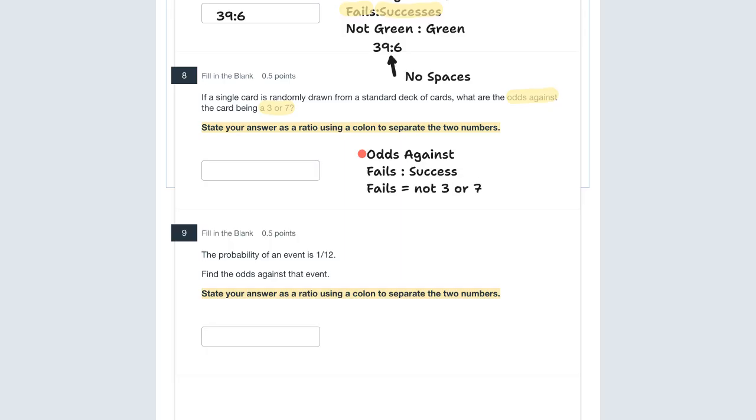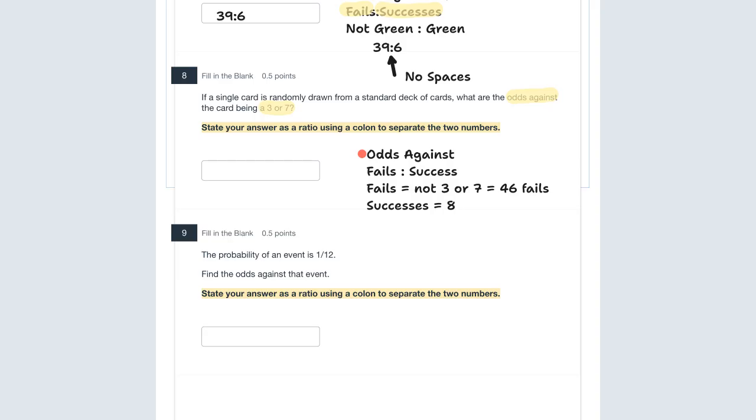There's 4 3s and 4 7s, so there's 8 successes out of 52 cards, so there are 46 fails, and successes are 3s or 7s.